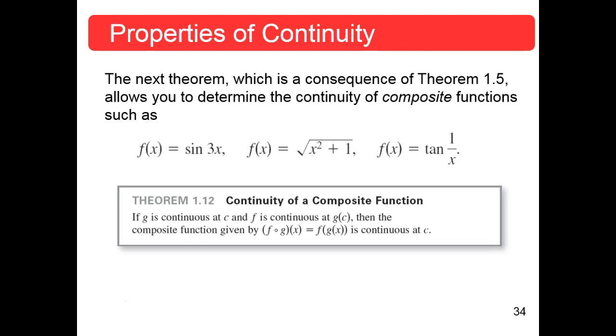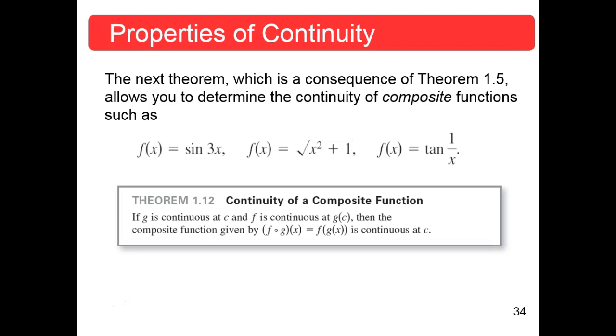So here's theorem 1.12. Usually they give the theorem first and then give the examples. This one we gave the example first. Continuity of a composite function. If g of x is continuous, that's the innermost function here, at some value x equals c, and this will be at all real numbers c, this will be at all real numbers c, that one would be at all real numbers other than x equals 0. c cannot equal 0 on the third one.